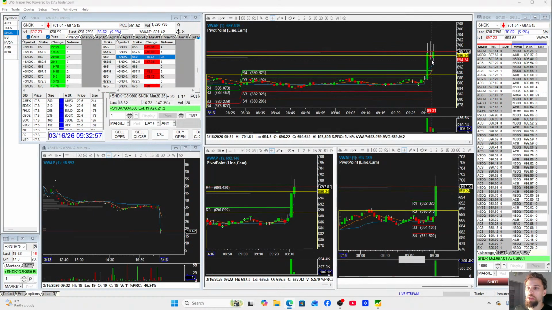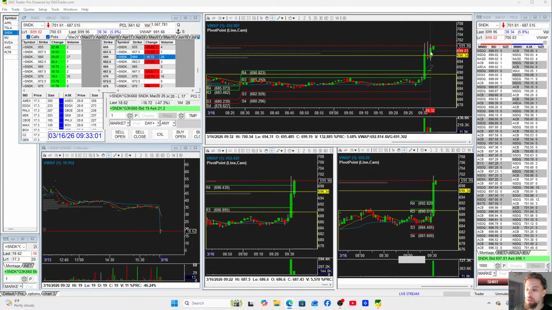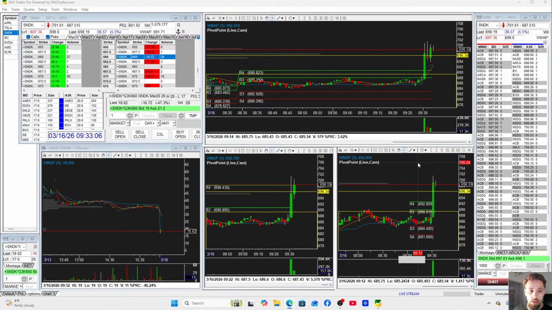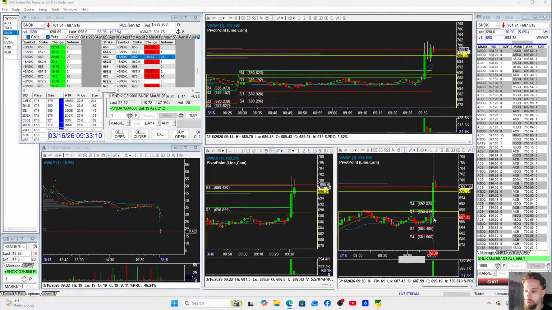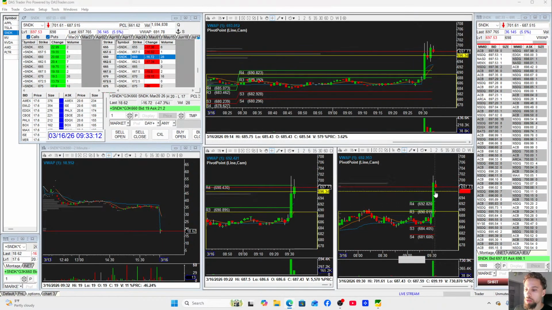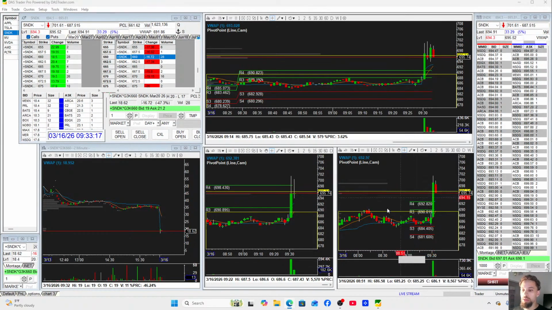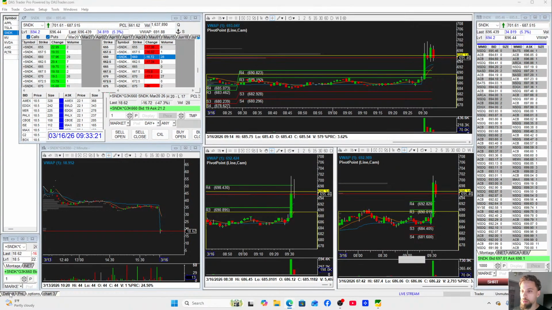Just watching the price action on SNDK. Three-minute candle here. Very, very bullish. Lots of volume. Closed above that area of resistance here. So just kind of watching that guy.